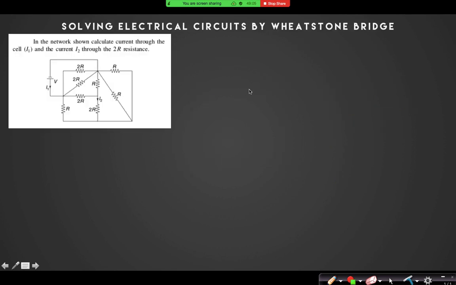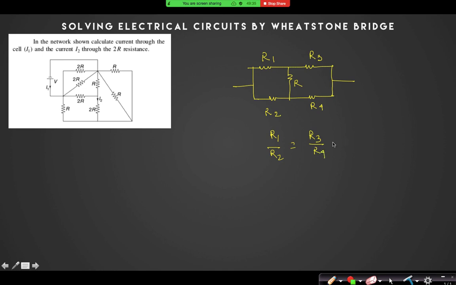Okay. Wheatstone bridge, as you know, if there are 5 resistors like this, right? And if the resistors are in this ratio, R1, R2, R3, R4 like this, and this is say any R, then I can say that if R1 by R2 is equal to R3 by R4, then the current in this resistance will be 0.